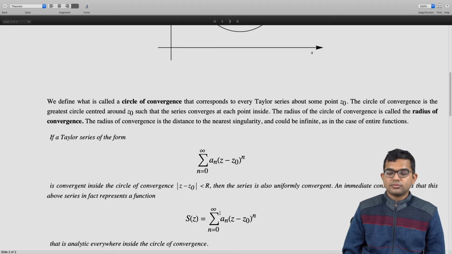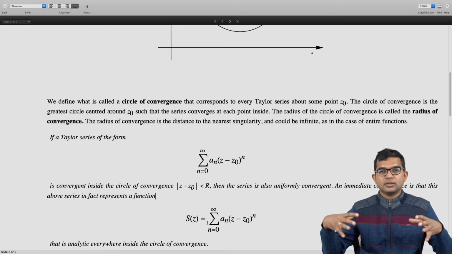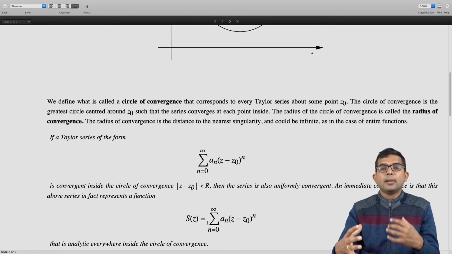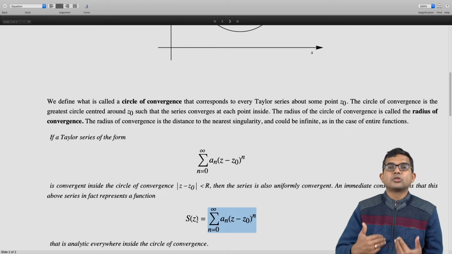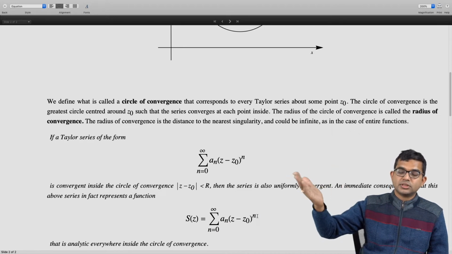The idea of convergence of a series is that subsequent terms should become lower and lower, and then they should zero in on a certain value. So if you're saying that this series at a point z converges to a value s of z, then you should be able to get as close as you want to this point by choosing a truncation of this series which is sufficiently large.